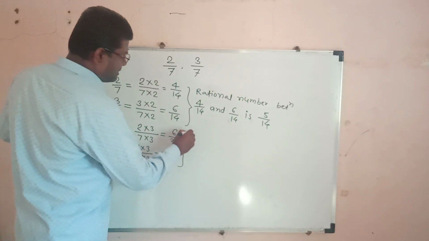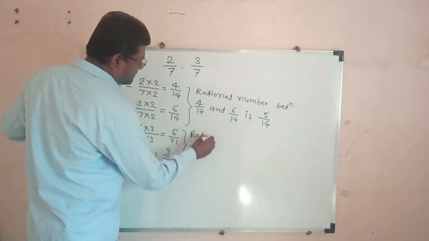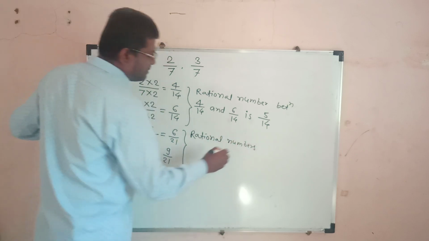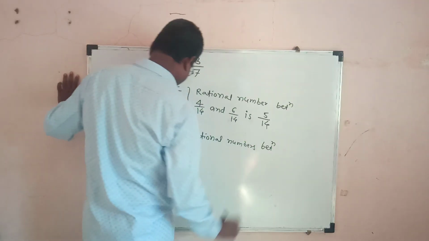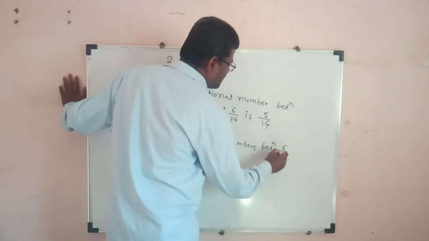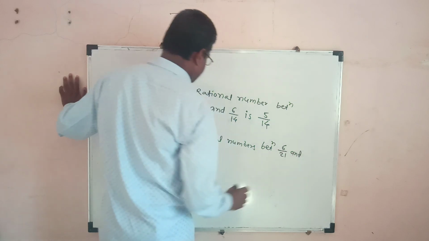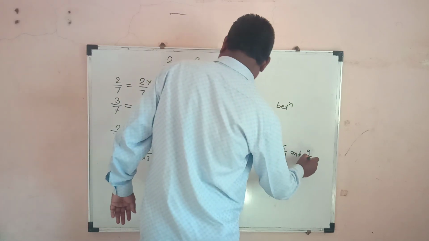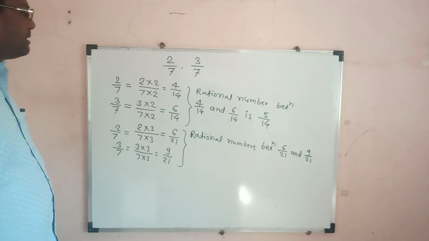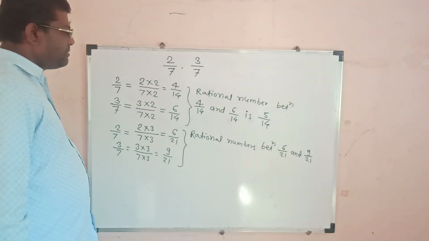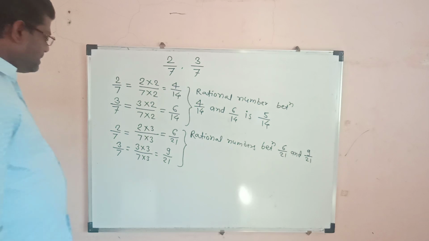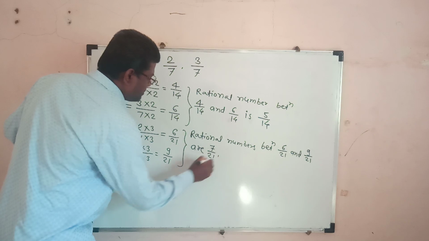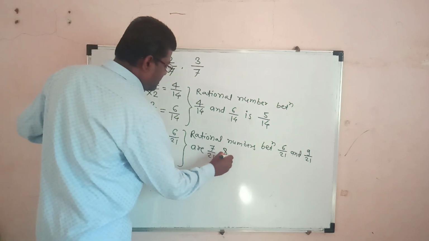Here we write rational numbers between 6 upon 21 and 9 upon 21. They are 7 upon 21, 8 upon 21.